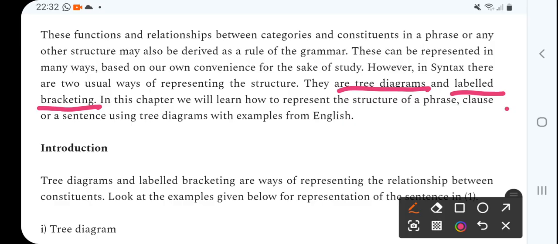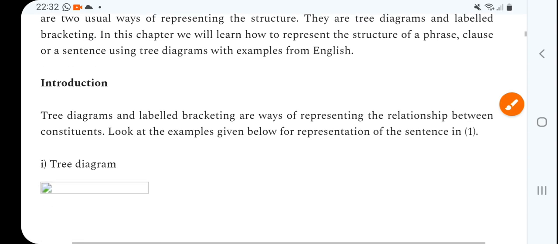So, tree diagram and labeled bracketing, right? Now the chapter will teach how to represent the structure of a phrase, clause or a sentence.